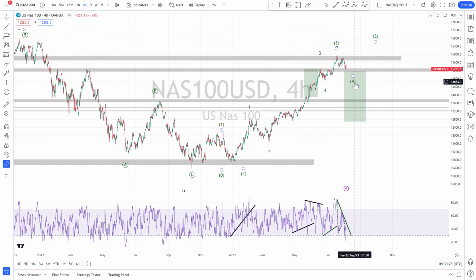Everyone expecting a wave 4 and more upside as a wave 5, but instead it was just a corrective move to the upside, and we see more downside.